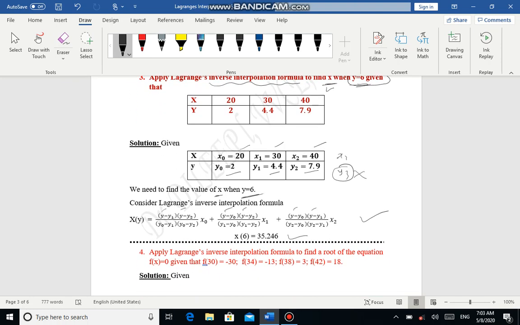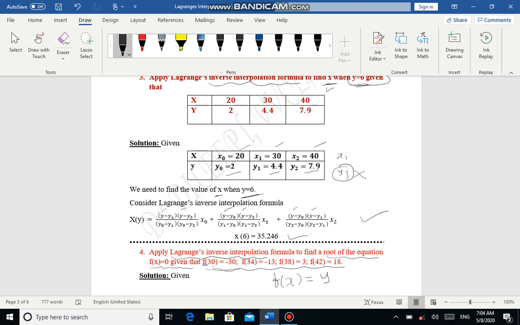Now one more problem. Apply Lagrange's inverse interpolation formula. Sometimes we won't mention which method we need to use. In that case we need to identify it by using the statement. So for example, observe here, the problem is find a root of the equation f of x is equal to 0, given some values here. We know that f of x is equal to y.